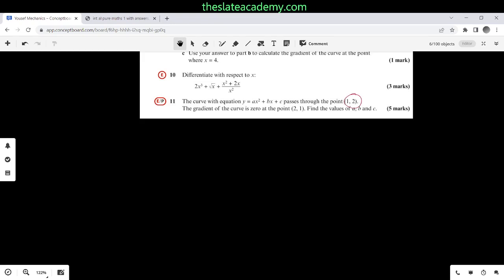The first point given is 1 comma 2. I know y is equal to ax squared plus bx plus c, and the curve passes through the point 1 comma 2.